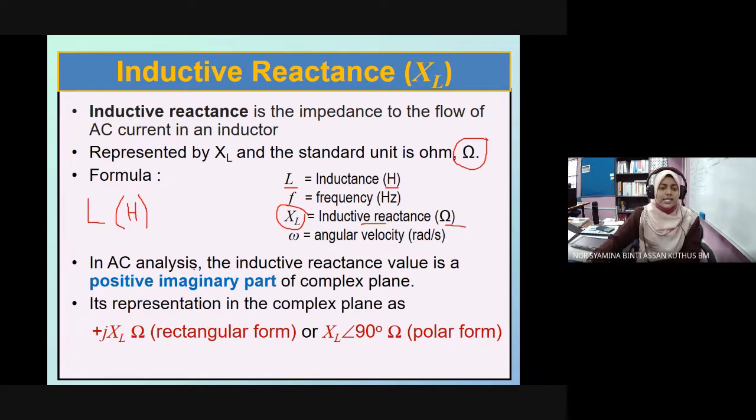In any AC analysis, the inductive reactance value is a positive imaginary part.